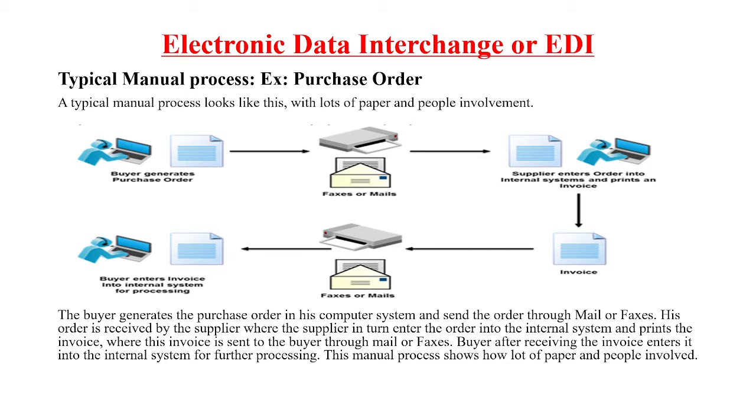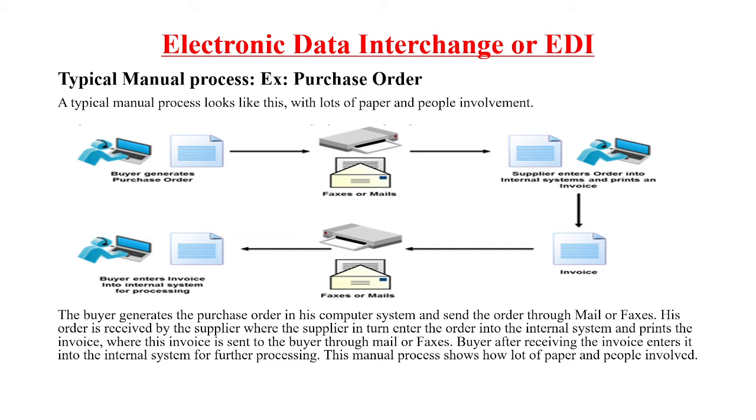Later he sends that order through mail or fax, and this order is received by the supplier, who in turn sits and enters the order into the internal system and prints the invoice. After printing, he sends this invoice to the buyer, again through mail or fax. And the buyer, after receiving the invoice, enters it into the internal system for further processing.